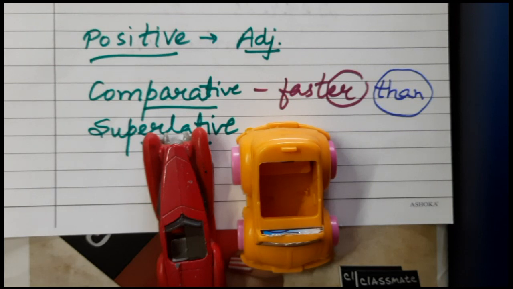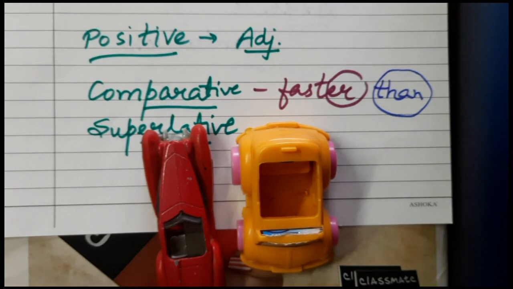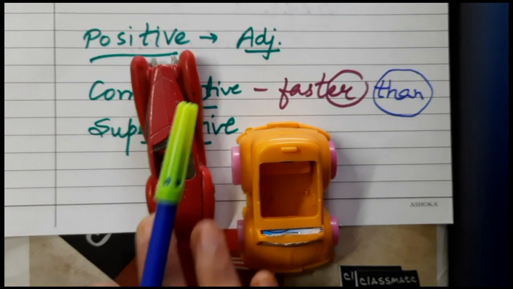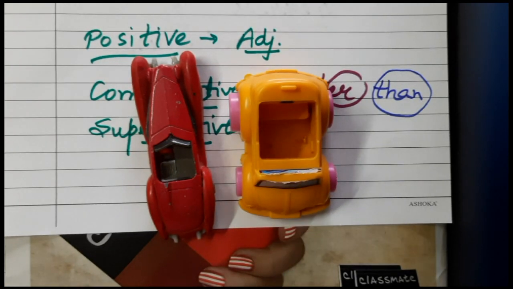Okay, I'll give you many more examples where the comparative degree is formed in different ways. One way is adding the alphabets er to your adjective. And then you have to mention the word than. Means which is faster than which. Okay, so here red sports car is faster than the yellow car.